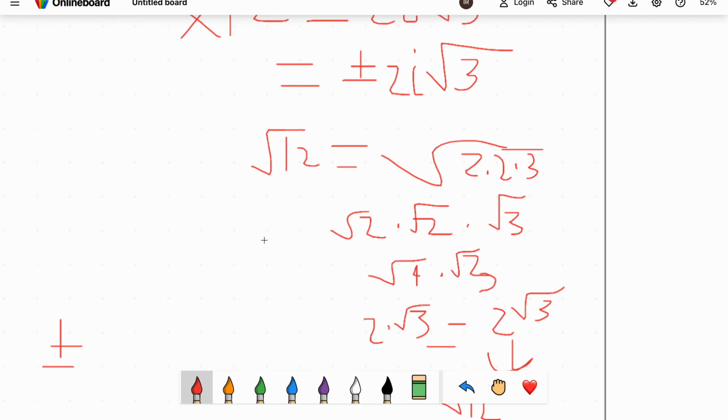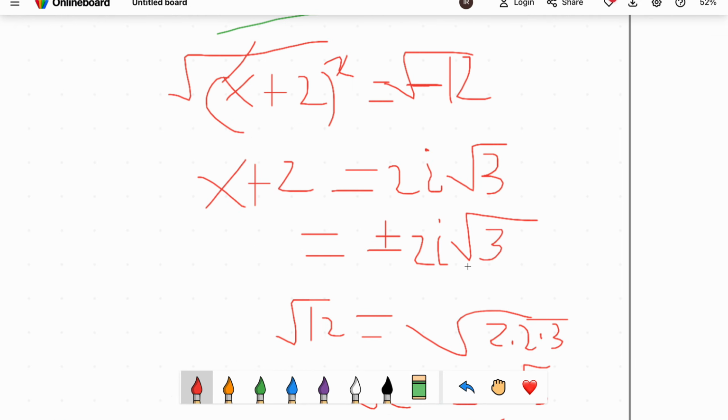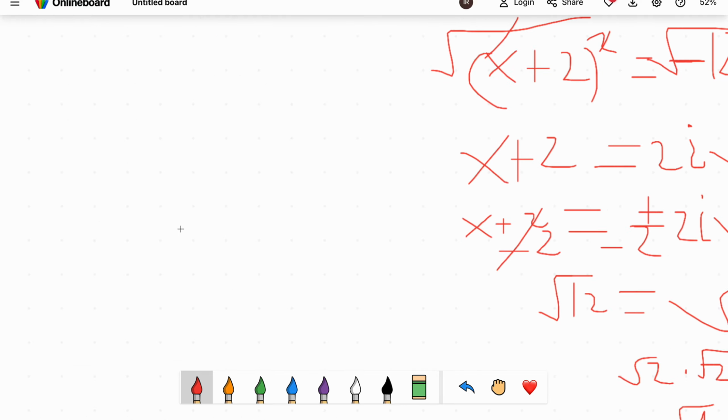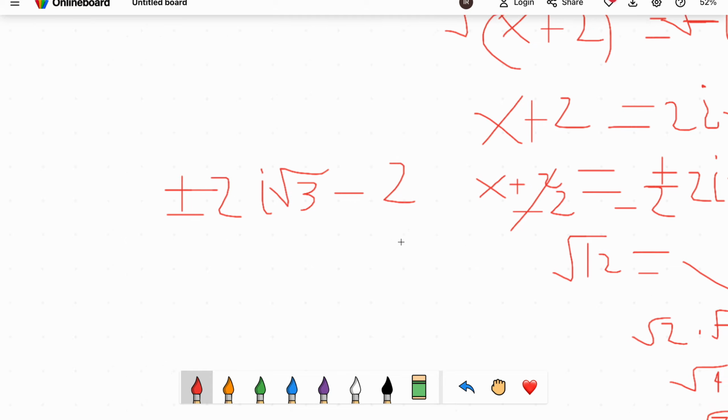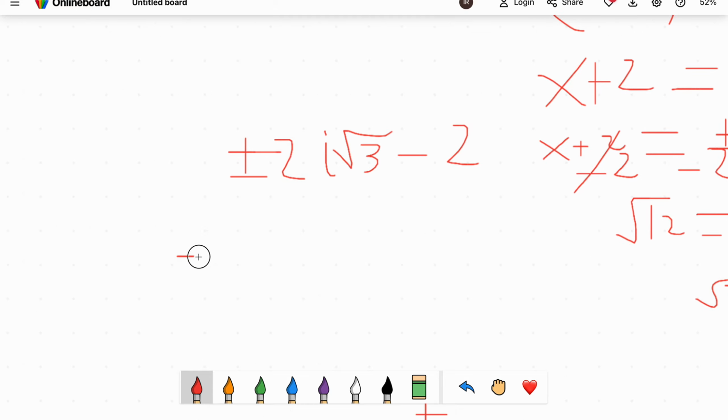So when we look at it, we got plus or minus 2i times the square root of 3, and now I have x plus 2. So now what we do is subtract 2 on both sides. After that you get plus or minus 2i times the square root of 3 minus 2, right? Or you can also consider that as minus 2 plus or minus 2i times the square root of 3.